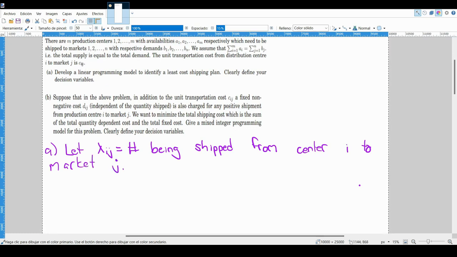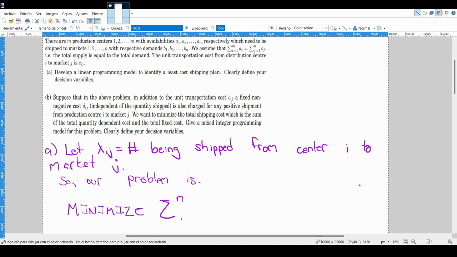Now, combined with this cost variable here, we are able to create our objective function. Remember, we are trying to identify a least cost shipping plan, so our problem will be a minimization problem. Start off, minimize. Now we want to go through every combination of production center to market, so we have to do two different sums.